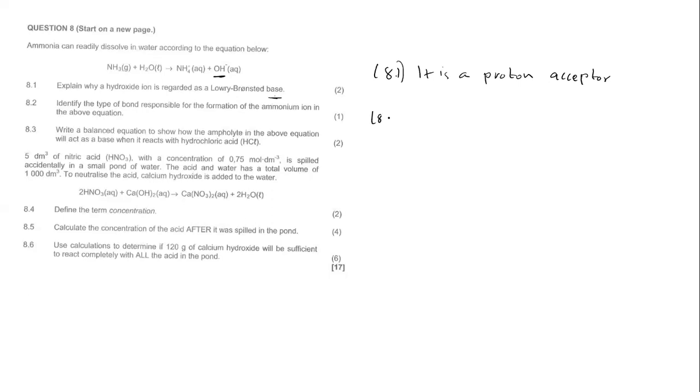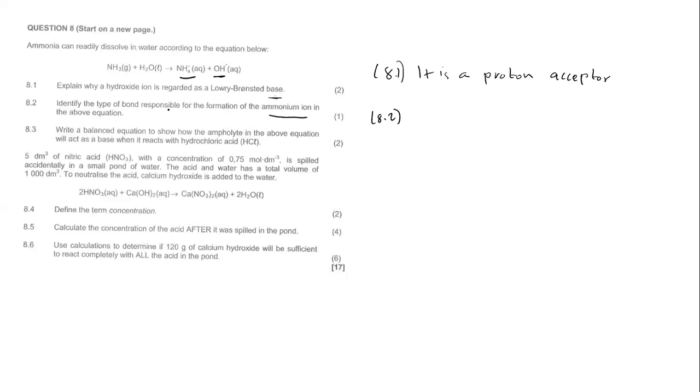Now, 8.2 says to us, identify the type of bond responsible for the formation of ammonium ion in the above equation. This is what we call the ammonium ion, but we want to talk about the bond responsible for it.